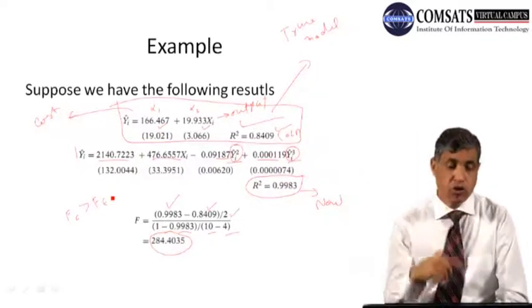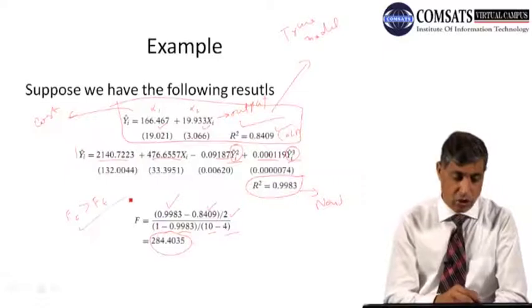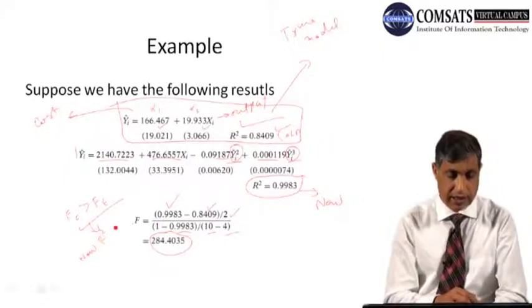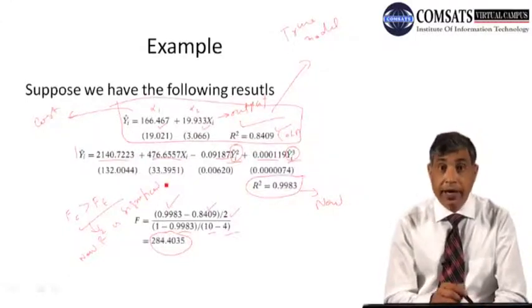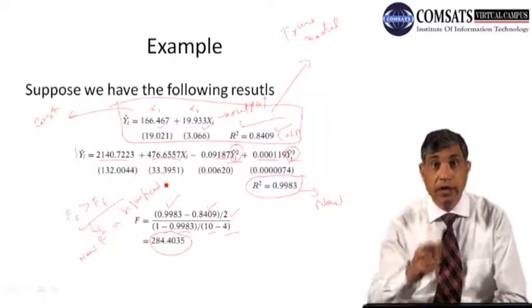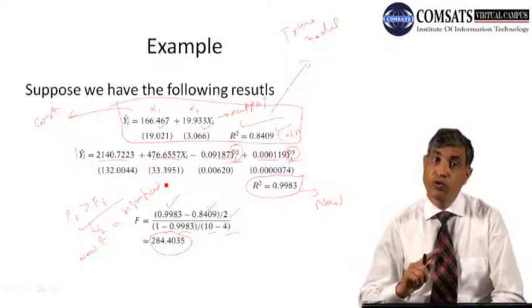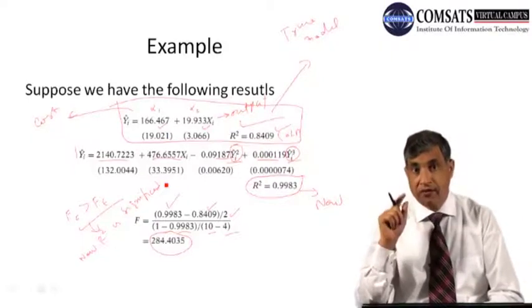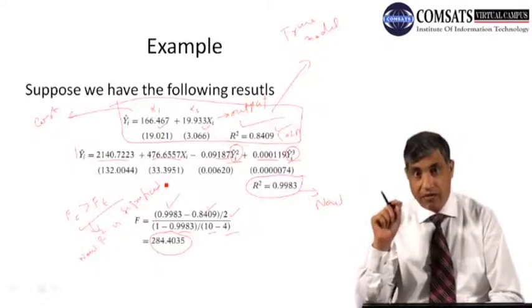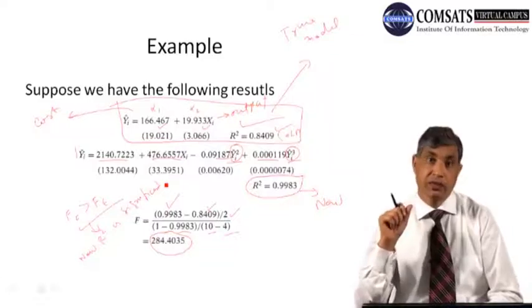So your new R square, what does this mean? The new R square is significant. Significant means that your new R square is significant, so it means that your new model is more reliable. So we reject the null hypothesis. What was the null hypothesis? That our model is correctly specified.